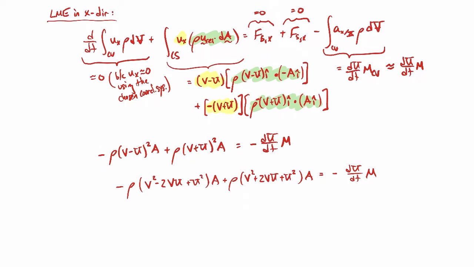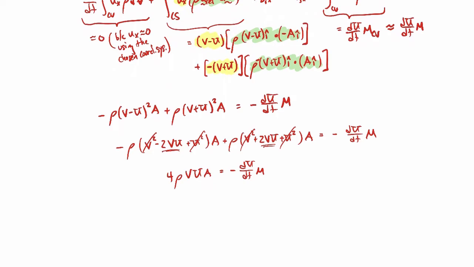And I wanted to expand it out because you see this term, let me double check. Oops, no, that's not correct. The v squareds cancel out, the u squareds will cancel out, and then the 2 times v times u terms will actually add together. So this will be 4 times rho v u times a is equal to minus du dt times m.